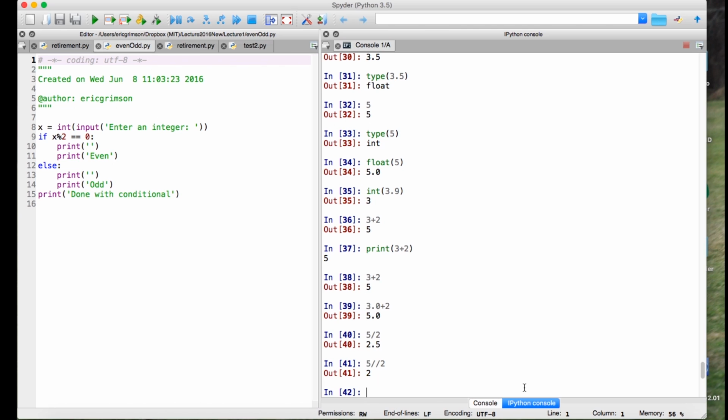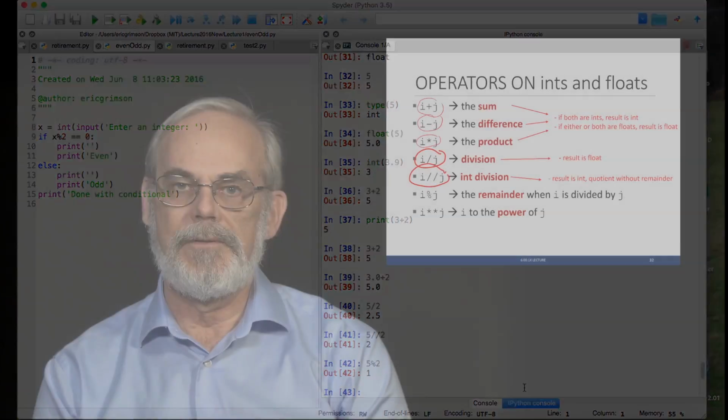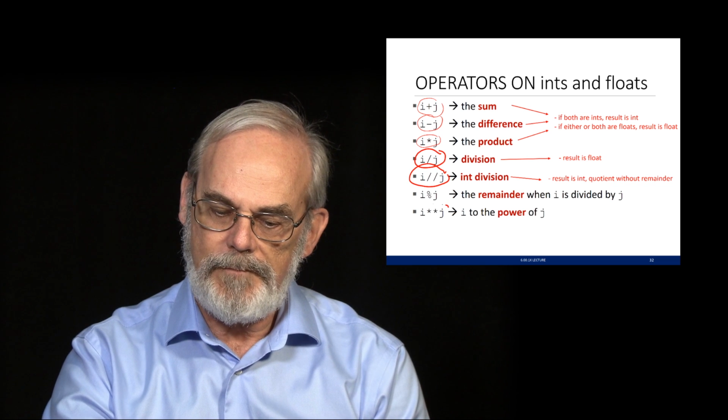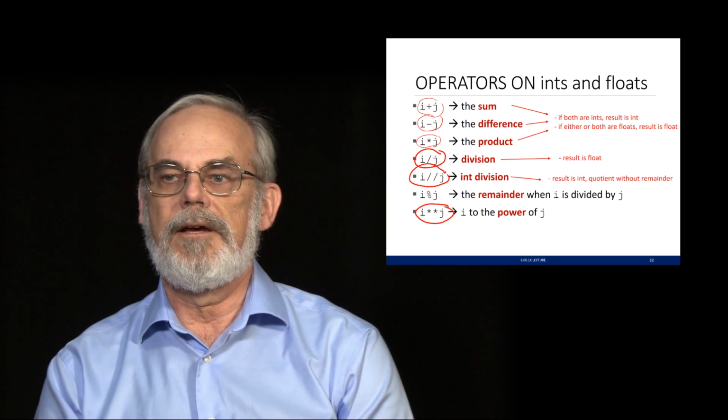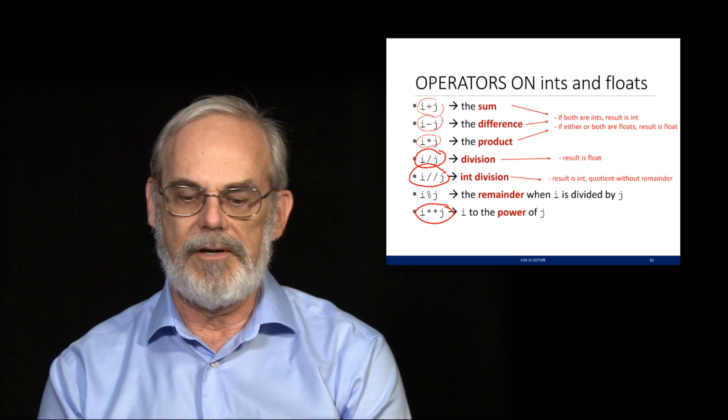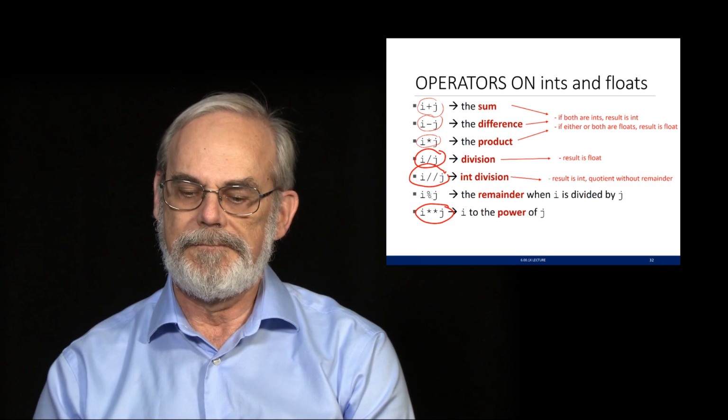The 0.5 is thrown away. And if I wanted to get the remainder, I could do 5 remainder 2, which is the percent sign, and that gives me the piece left over when I divide those 2 pieces together. Finally, I can raise something to a power, and that is done right here with i 2 stars j. So 1 star is multiplication, 2 stars gives me power.